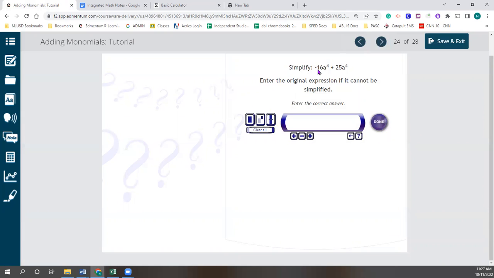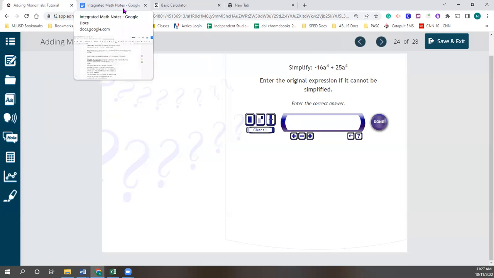Okay, -16a to the 4th plus 25a to the 4th. A to the 4th and a to the 4th are the same terms, so I can add them together. -16 plus 25. If you have a cell phone, you can say, hey Siri, what is -16 plus 25? That would be 9.